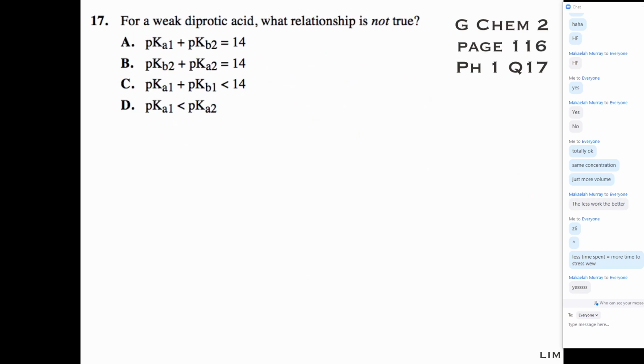This one, a couple people submitted. So what I want to do is take my time and spread this out thoroughly. If I have a diprotic acid, the first proton can come off and give me HA minus, for instance, something like carbonic acid.